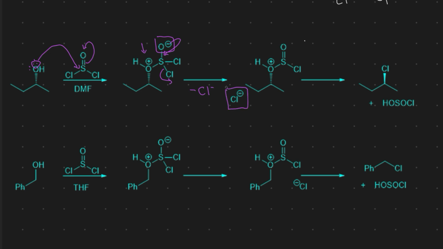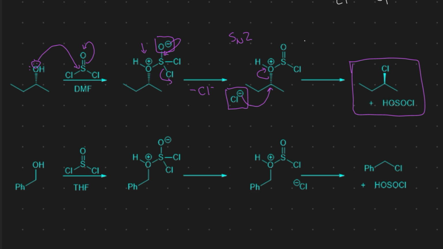All right, and then this is the SN2 part. Goes in, inversion of stereochemistry, and we get our product plus the thionyl chloride product, which is what would you call that? It's a chloride alcohol thionyl compound.